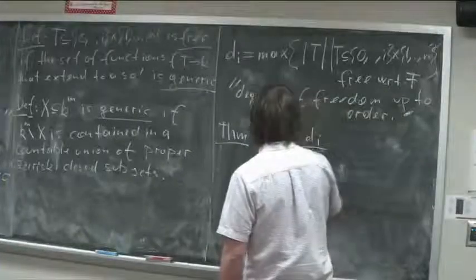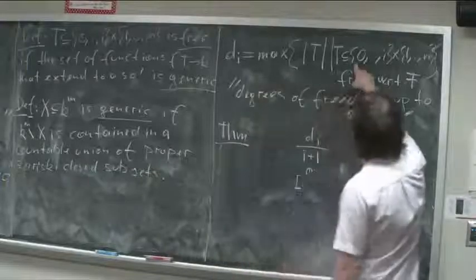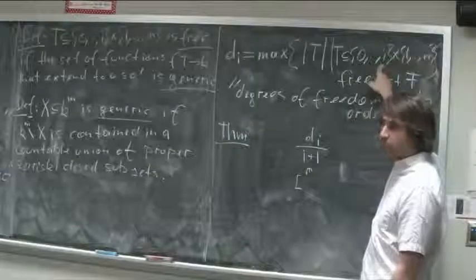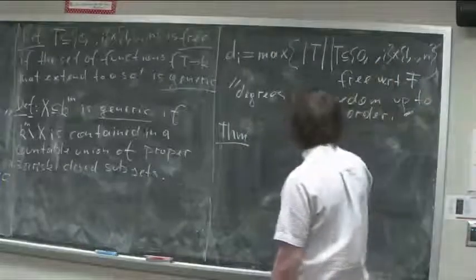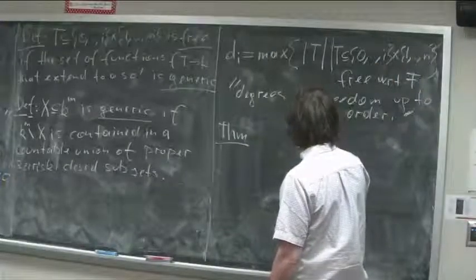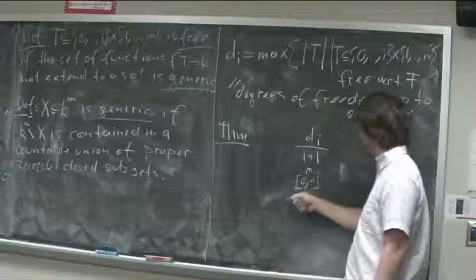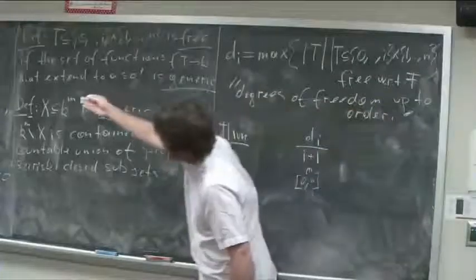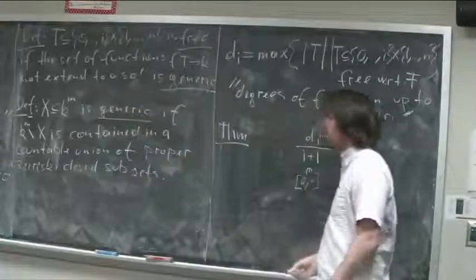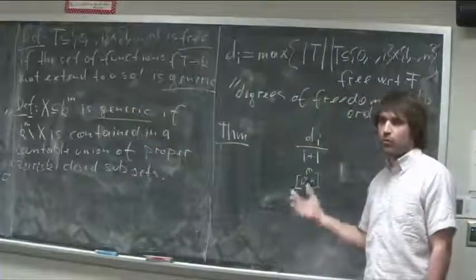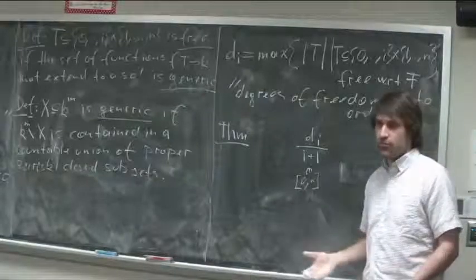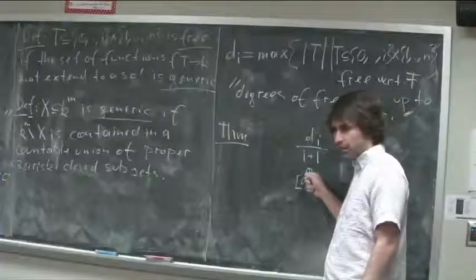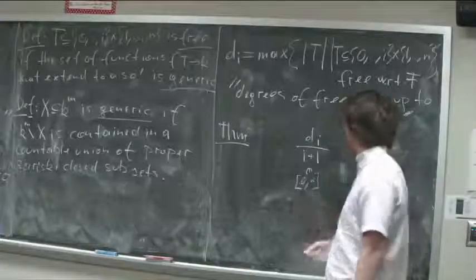Here you're going from 0 to i, so you have i plus 1 elements. Dividing by i plus 1 guarantees that you are between 0 and n, since we started with a system of difference equations in n variables. That's a natural way to normalize the sequence.